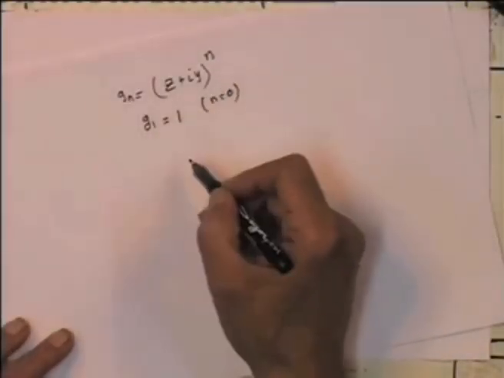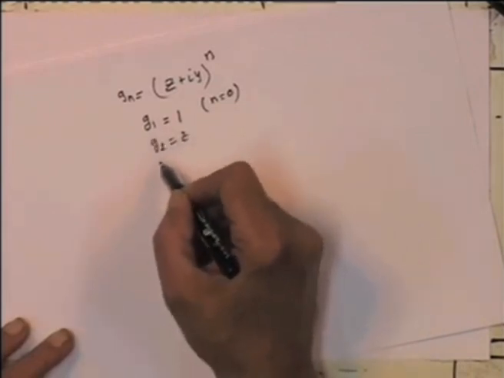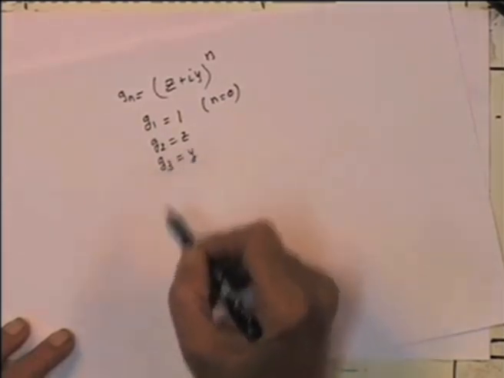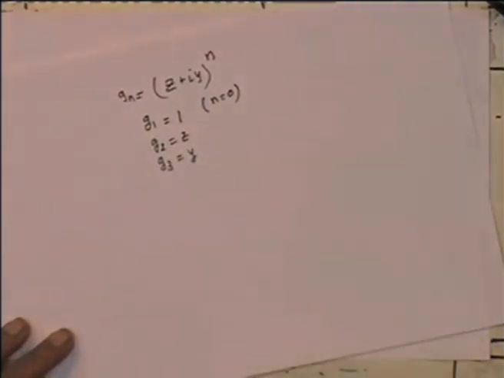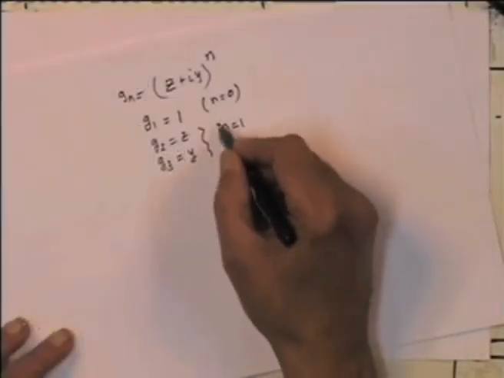If I take n equal to 1, then the real part will give me z and the imaginary part will give me y. As you can see here on the screen, g_2 is equal to z and g_3 is equal to y. So these two solutions are for n equal to 1.